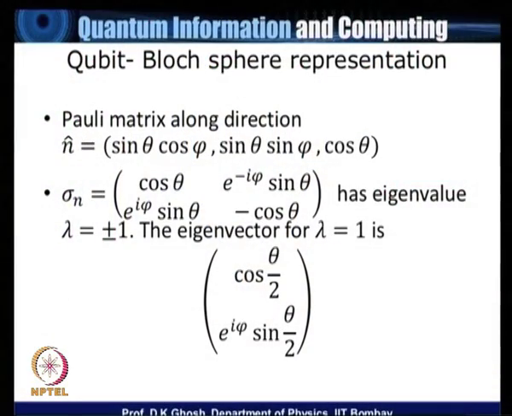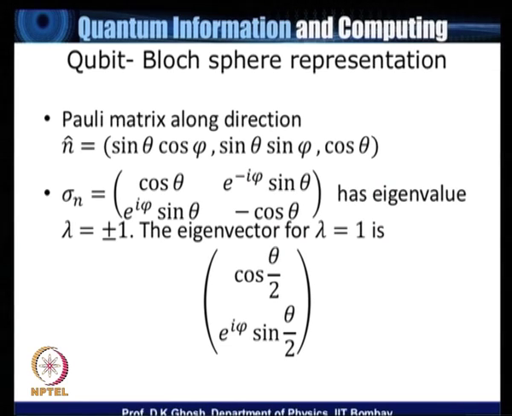Sometimes the h cross is not explicitly mentioned, but it's always understood. Now let's look at a Pauli matrix along an arbitrary direction. So far I have given you the Pauli matrices along the x, y and z direction.